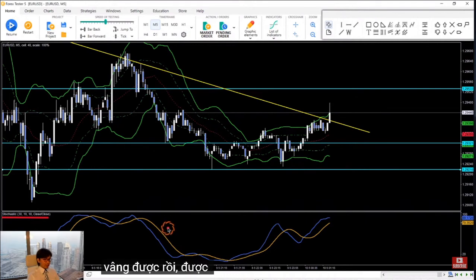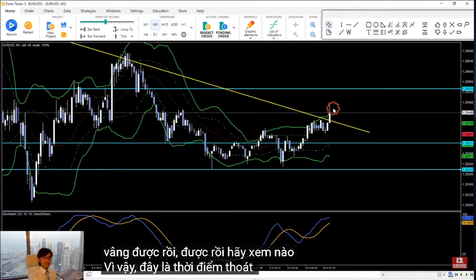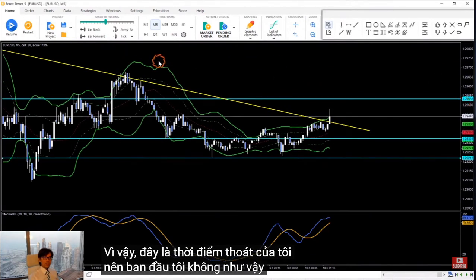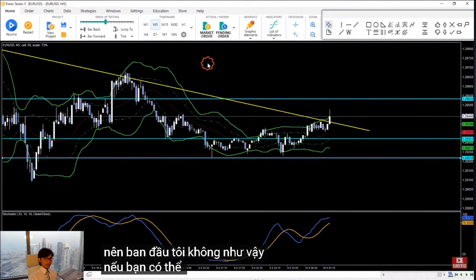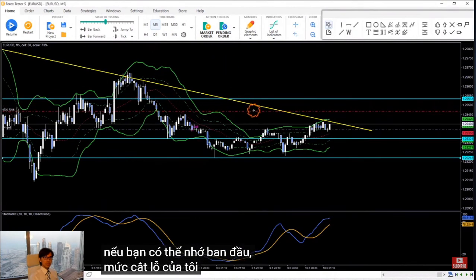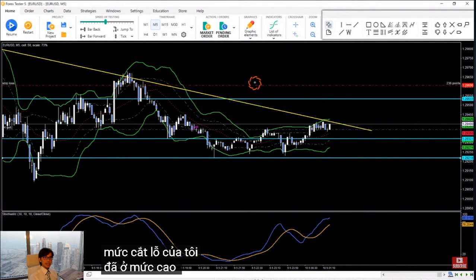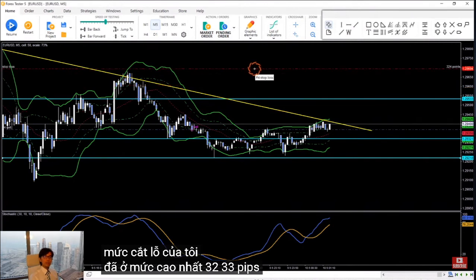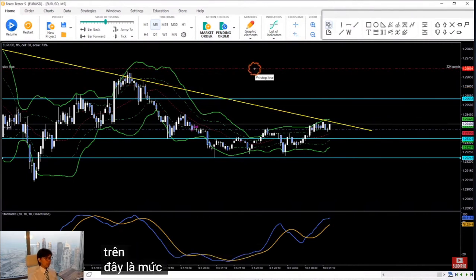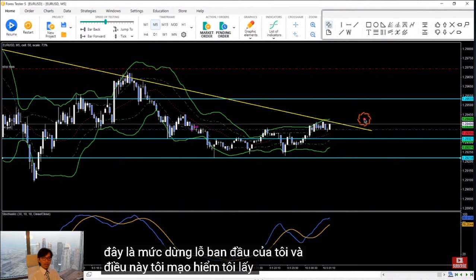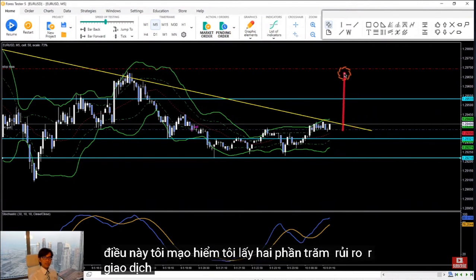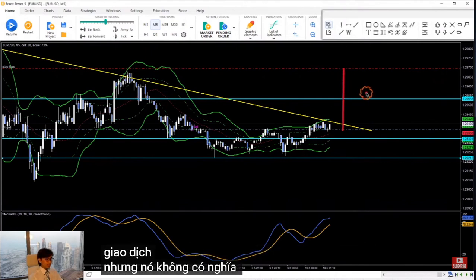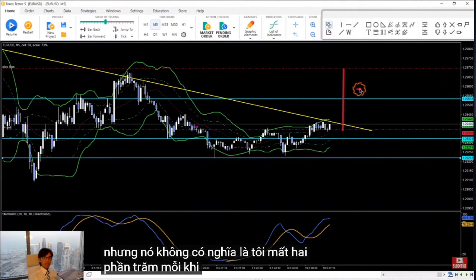Okay, all right. So this was my exit timing. Originally, if you can remember, my stop loss was all the way at the top, 33 pips above. This was my original stop loss, and I take 2% risk per trade, but it doesn't mean that I lose 2% every time.